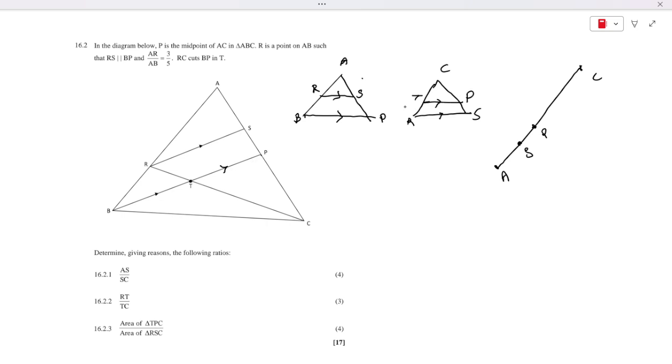All right. As you're doing this, you are analyzing the question and you are making your life easy. All right, now without wasting much of our time, we then move on, and now we start answering the questions. AS over SC. So if you look at this, we're looking at AS over SC.